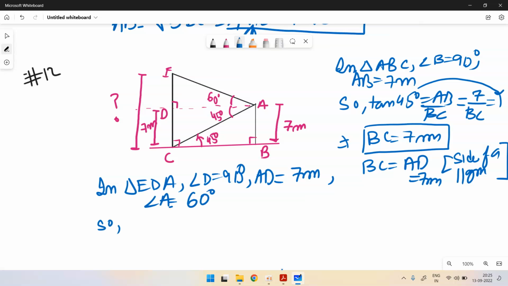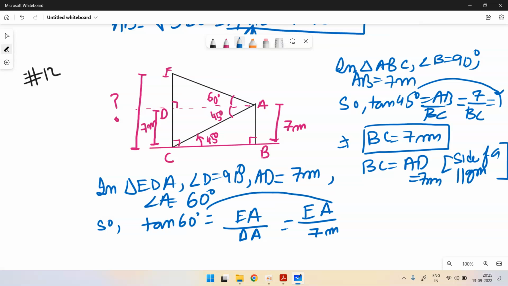So tan of 60 degree is nothing but ED by DA or AD. Now ED you don't know, but AD is going to be 7 meters. Tan of 60 degree you already know, this is nothing but root 3.